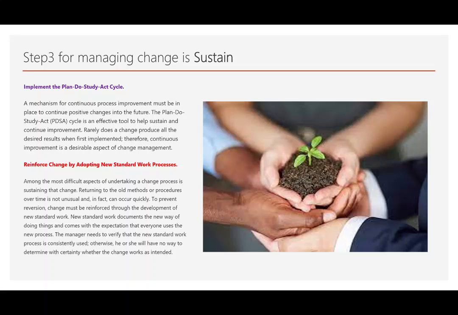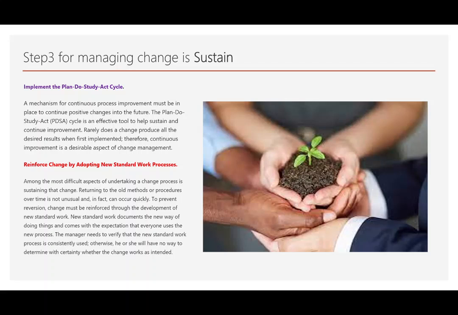Step 3 for managing change is to sustain. Implement the plan, do, study, act cycle. A mechanism for continuous process improvement must be in place to continue positive changes into the future.